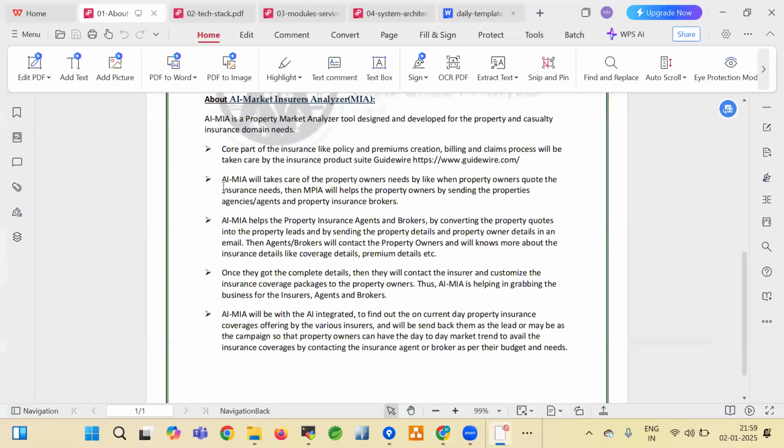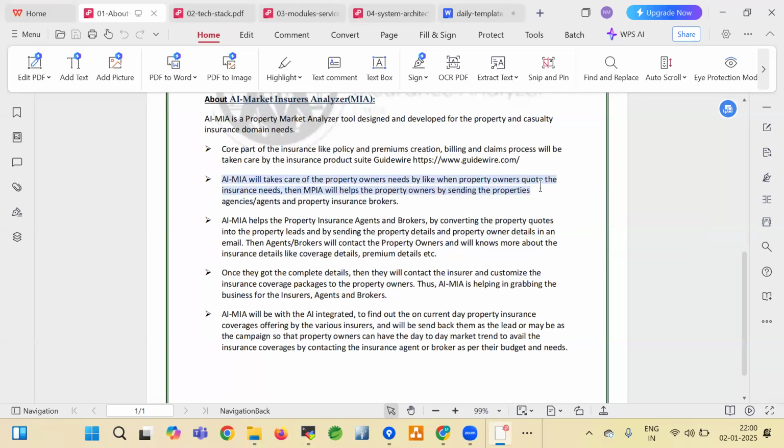Okay. So AI MIA will take care of the property owners' needs. When property owners quote their insurance needs, MIA will help by sending the property quotations to the agents and property insurance brokers. Here I need to update one sentence that was missed.